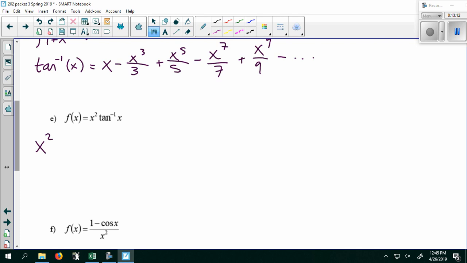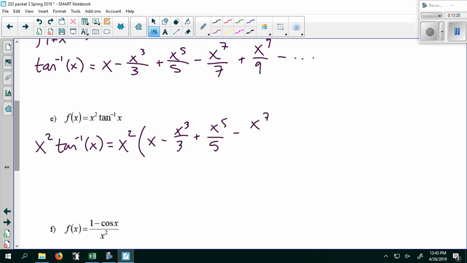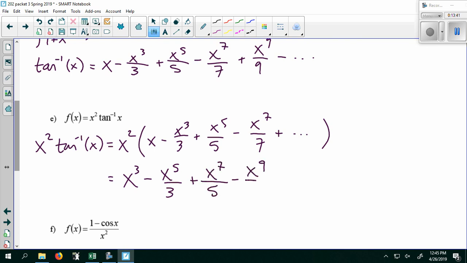So x squared inverse tan x is equal to x squared times the series I just found for arctan x, minus x cubed over 3 plus x to the fifth over 5 minus x to the seventh over 7 plus dot, dot, dot. Distribute my x squared and I get x cubed minus x to the fifth over 3 plus x to the seventh over 5 minus x to the ninth over 7 plus dot, dot, dot.